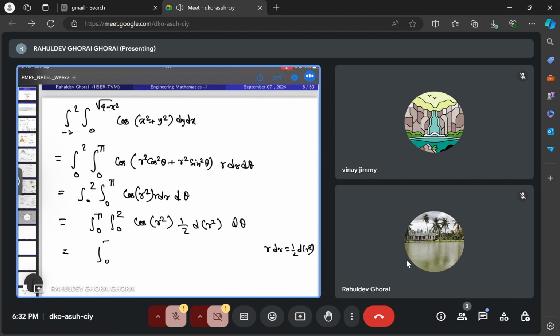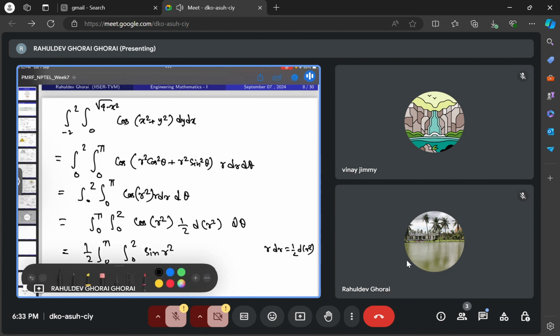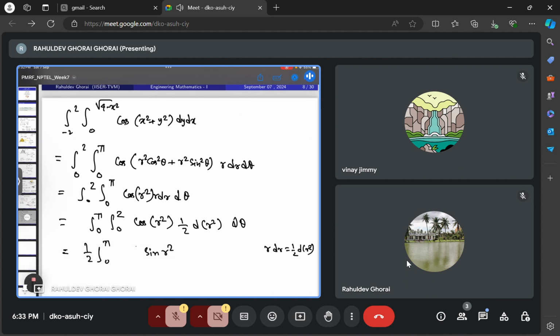Half you take out, and the integration of cos of r square is sine of r square, from 0 to 2, d theta.